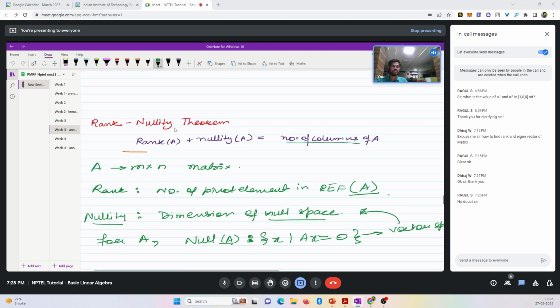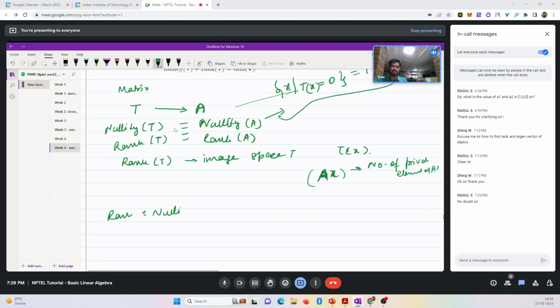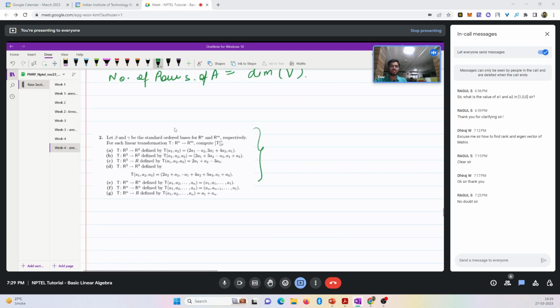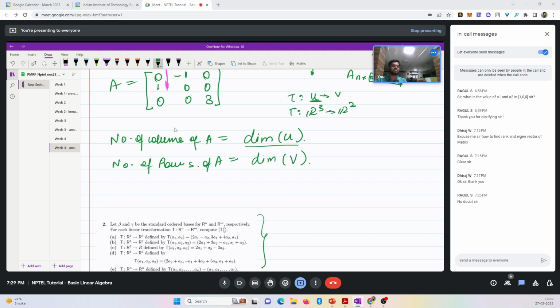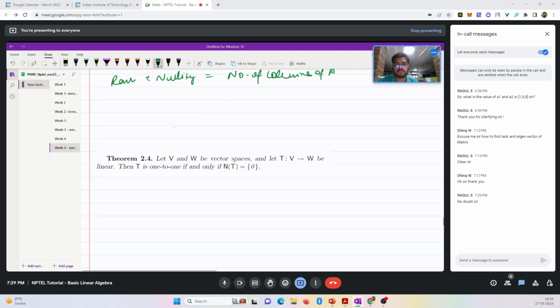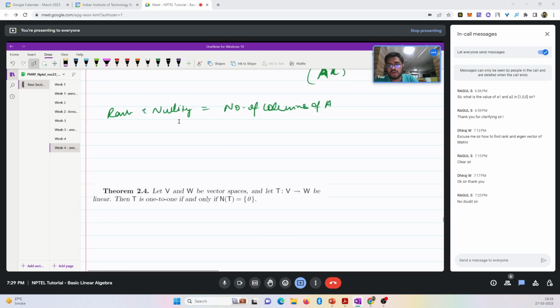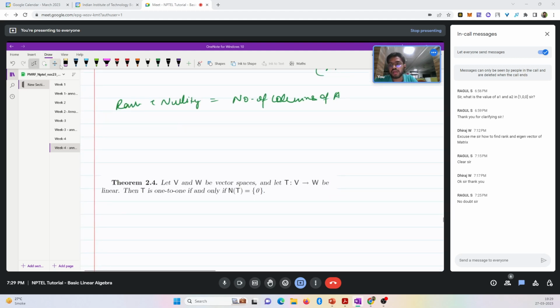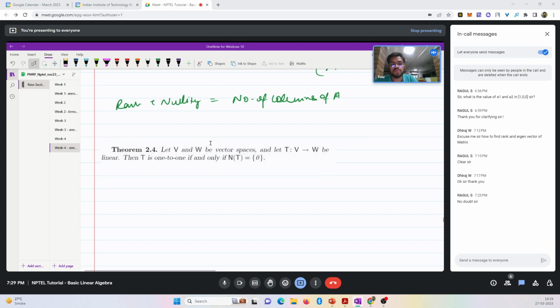Yeah, the number of columns of A. So rank plus nullity is equal to the number of columns of A. Now, the number of columns we just said is equal to the dimension of U. Or if you look at this example where your map is from V to W, that is equal to the dimension of V. So this is the same theorem, but we are stating it in different contexts. So this was just to mention that the rank nullity theorem can also be used for linear transformations.